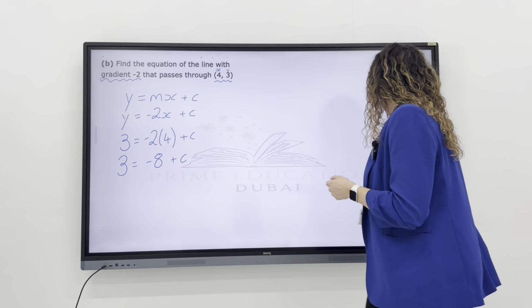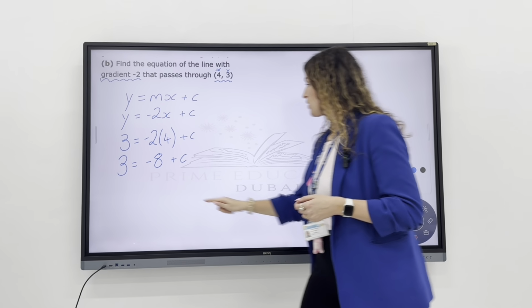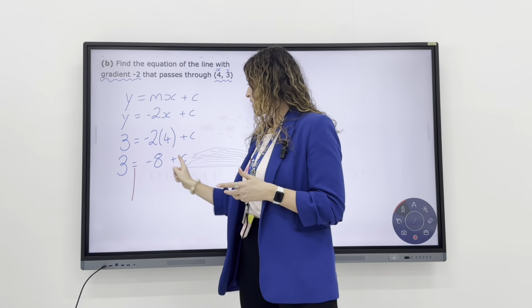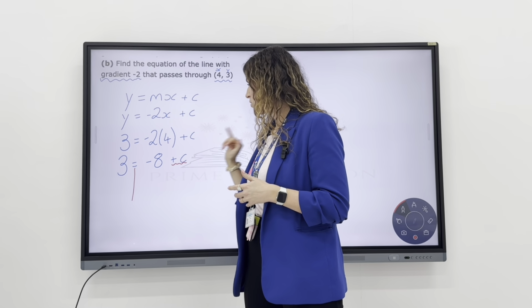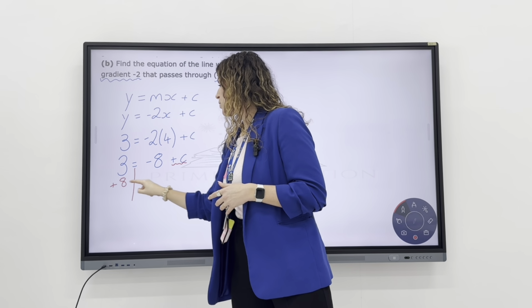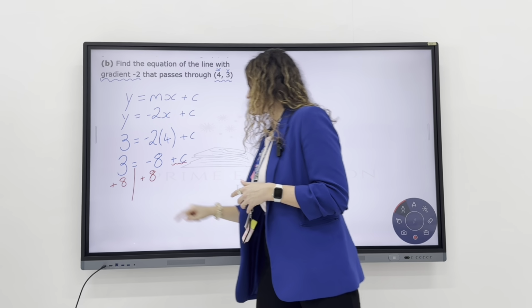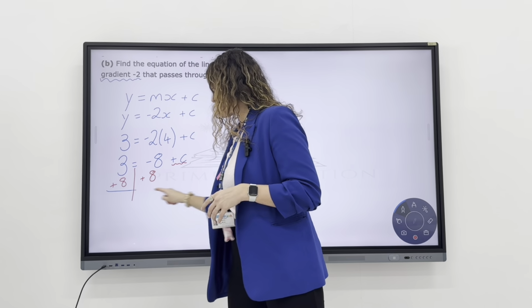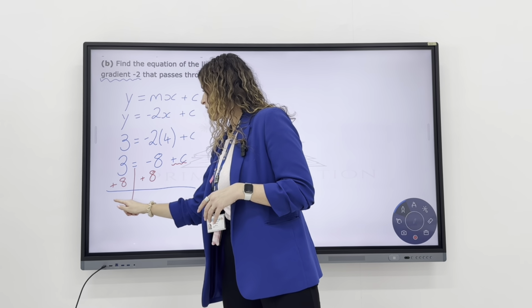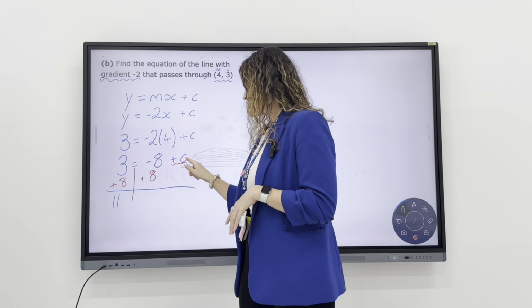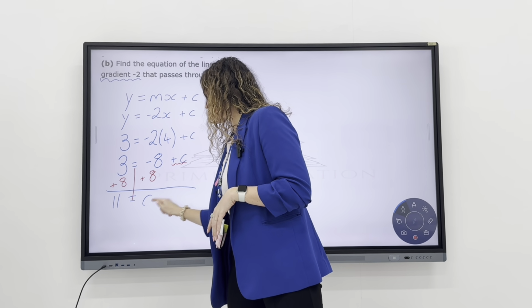Now when we solve, remember we think about doing the inverse. I want c on its own, but I have a -8 here, so I'm going to add 8 to both sides. Once I've done that, I am left with 3 plus 8 is 11, -8 plus 8 is eliminated, so 11 is equal to c.